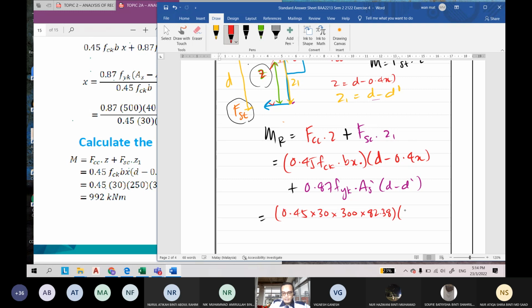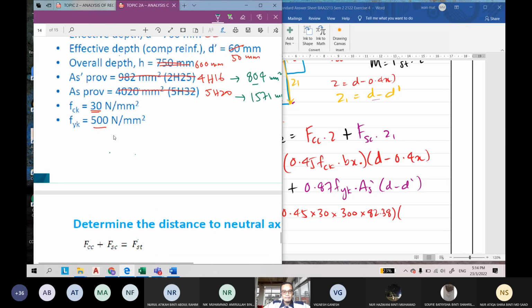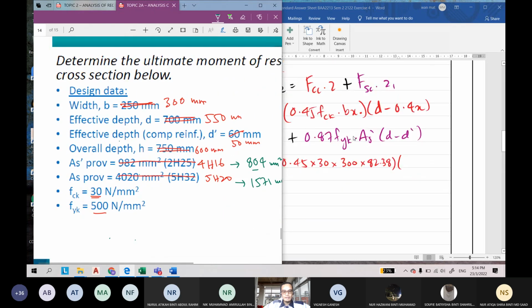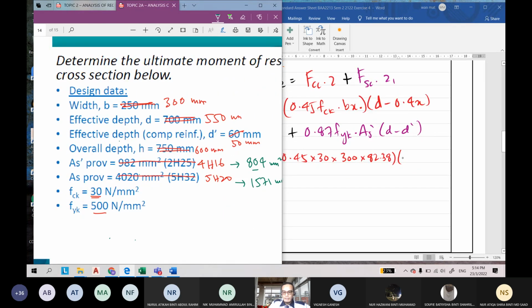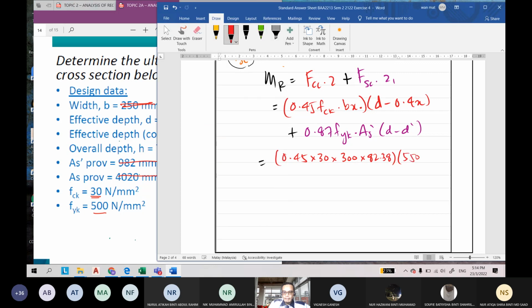And then D, what is the value of D? 550. Okay, 550 minus 0.4 times 82.38.